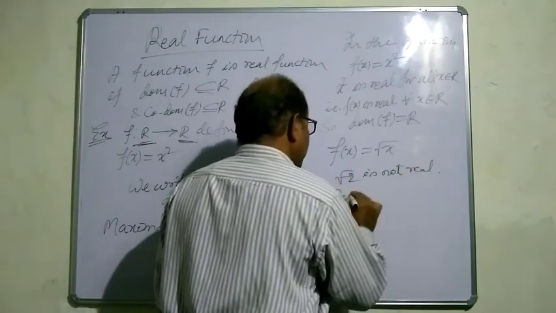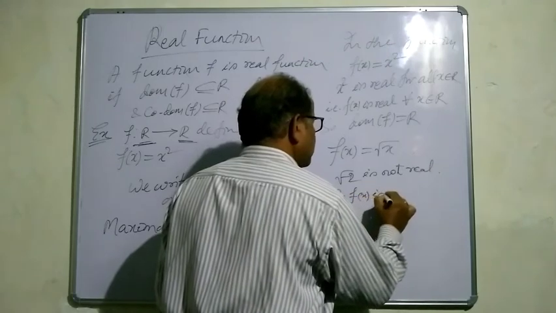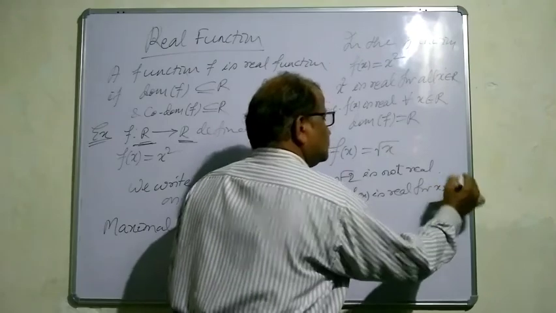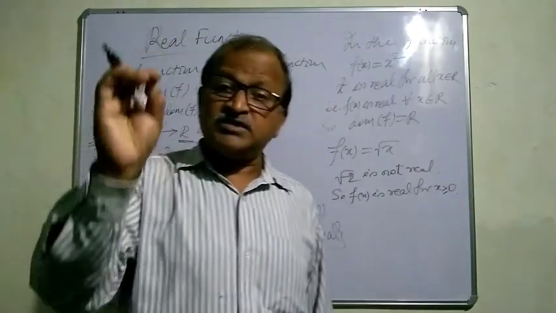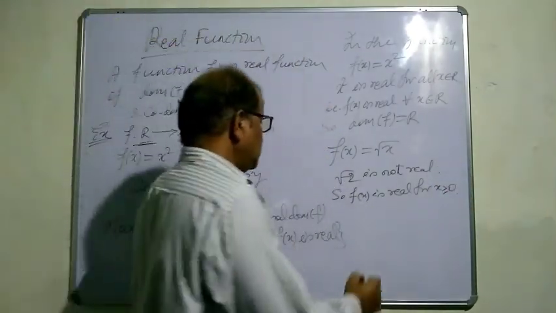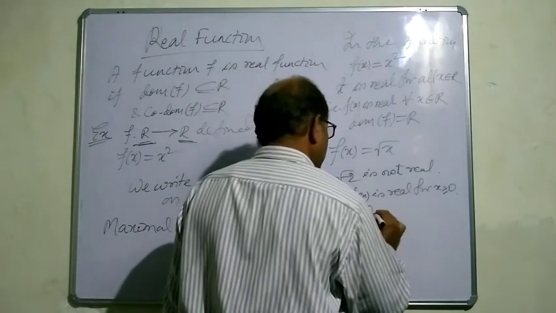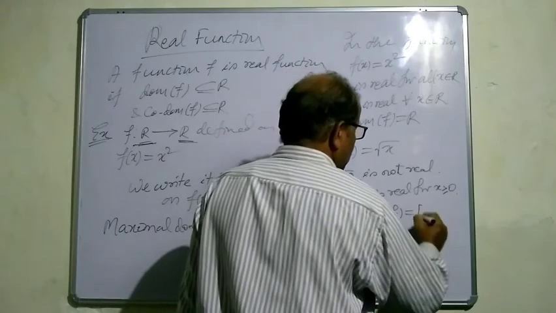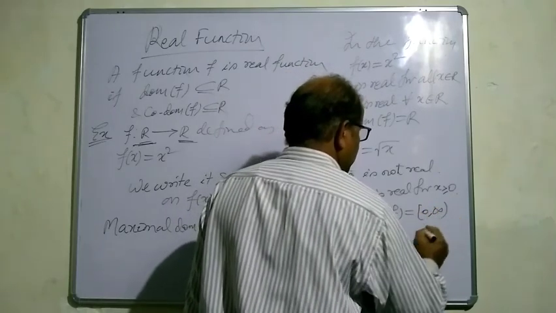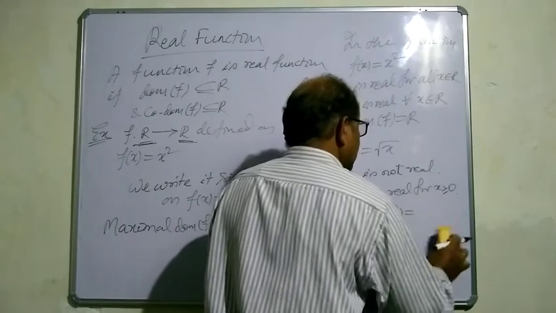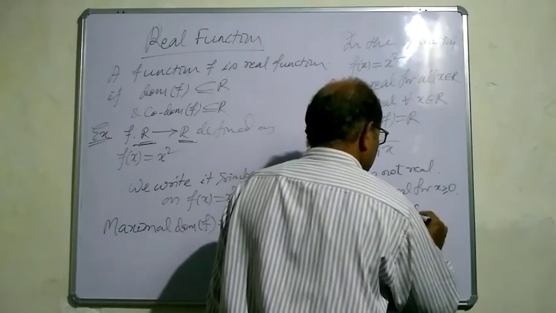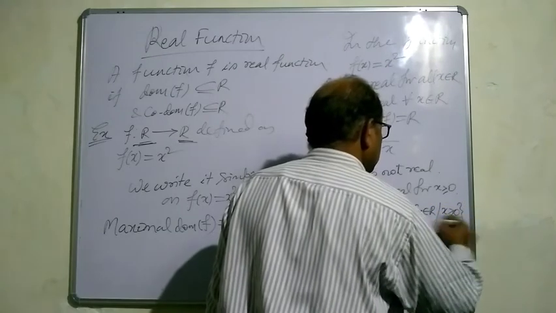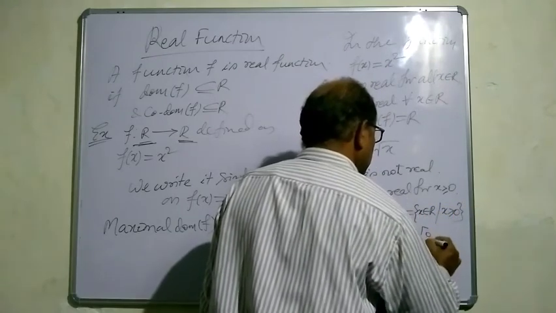So f(x) is real for x greater than or equal to 0. So the domain of f is equal to 0 to infinity. You can write it like this: x belongs to R such that x is greater than or equal to 0. That is, it is 0 to infinity.